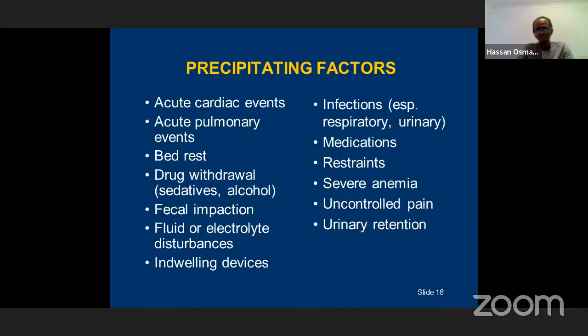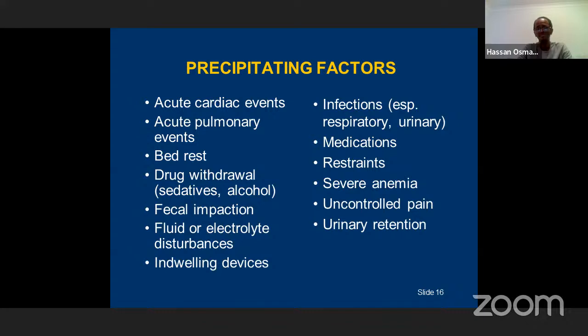And the precipitating factor, or the triggering factor. Those are the things that make the problem start. Infection, by far, is one of the most important precipitating factors. Medication, as we talked about a minute ago, the cholinergic activity, the GABA activity, and those kinds of medication, you should always think about those.